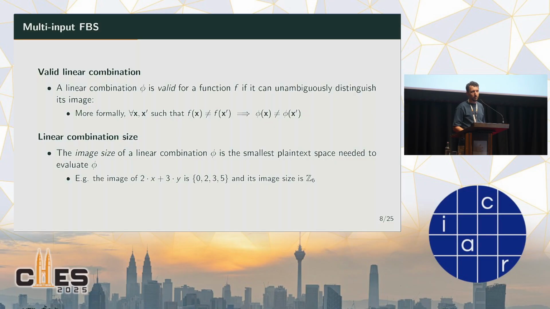In this way, you are sure that you can distinguish the function values. We'll use a notion in the paper, which is the linear combination size, because once you evaluate the linear combination, you must not overlap the plaintext space you have in the functional bootstrapping. Otherwise, you lose.